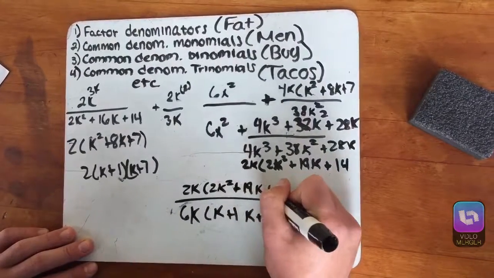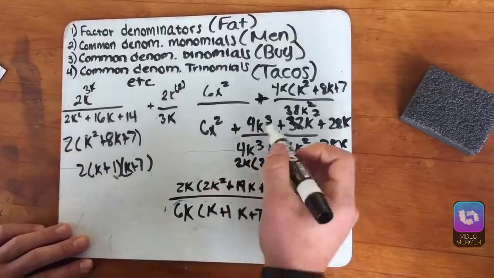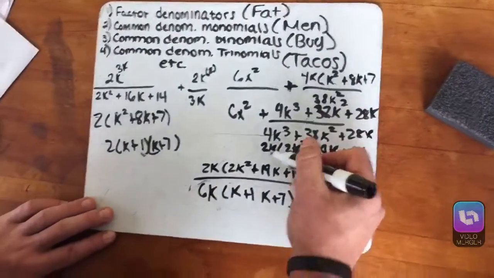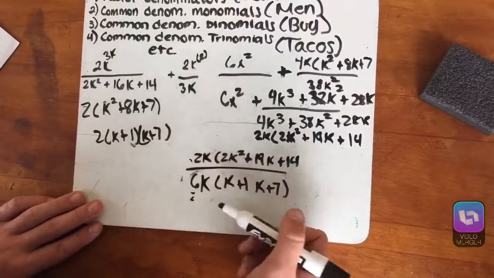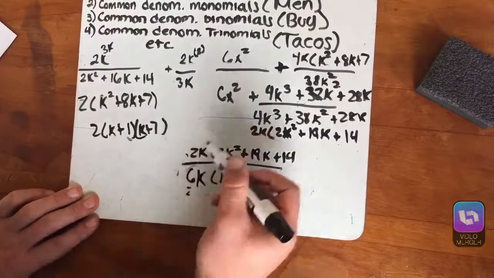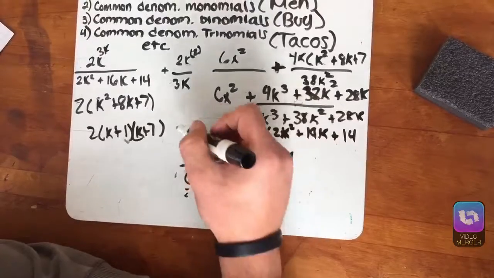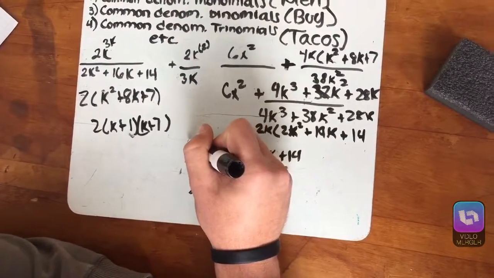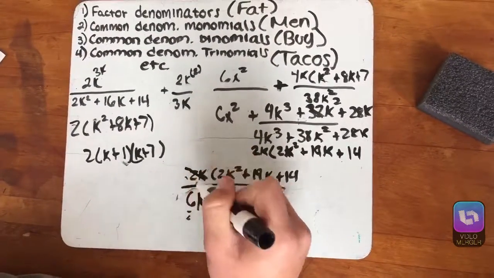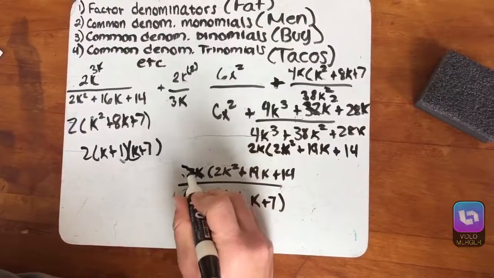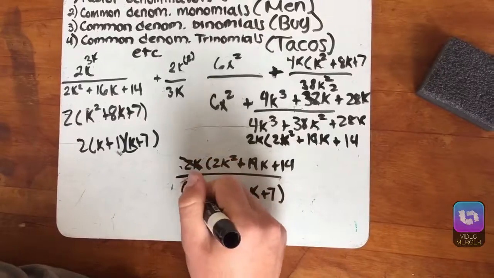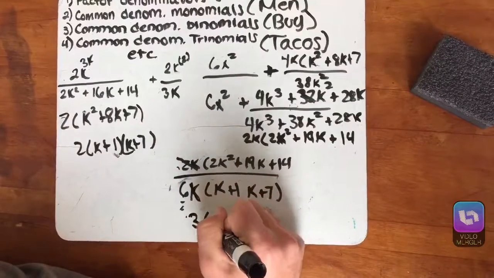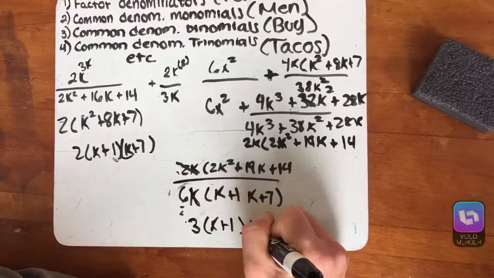Okay, 14. And now this is the reason that we factored out a 2k, so that we could simplify the numerator and the denominator. So these 2k, since they're not attached by the leash law, you can cancel them out. So this 2k can be gotten rid of, and then that would divide this by 2, so you'd end up with 3, and this k would cancel out this k, so it's just 3 times k plus 1, k plus 7.